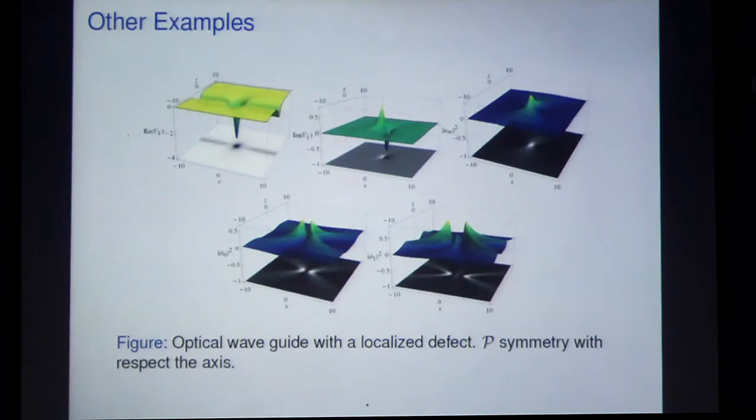It has a symmetry with respect to the z-axis. So it's PT symmetric with respect to the origin, and also PT symmetric with respect to the z-axis. So it represents a waveguide in the transversal direction that the light is moving, but also we have this irregularity at the center.